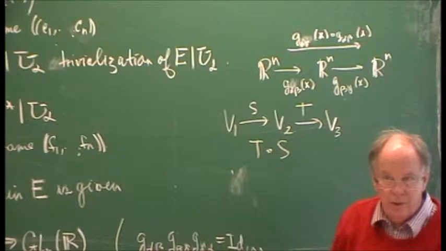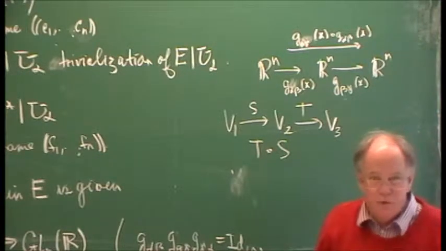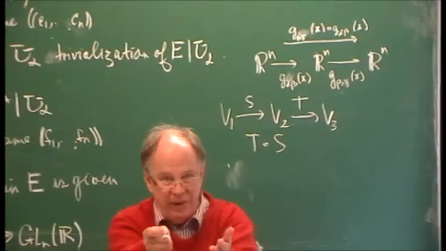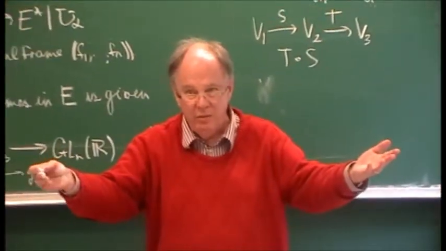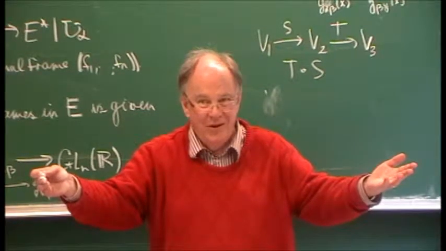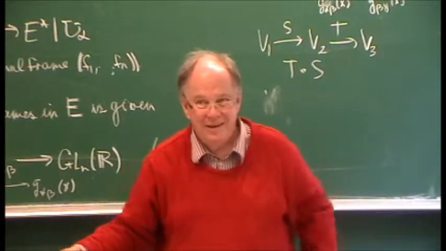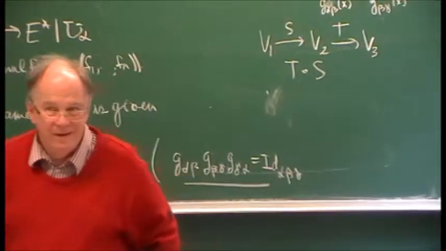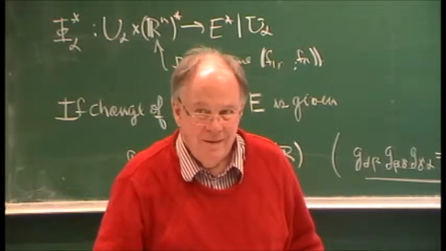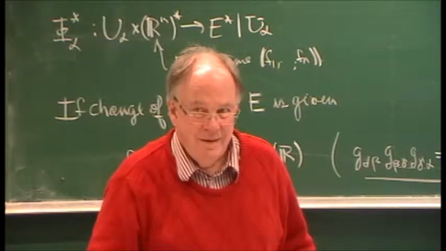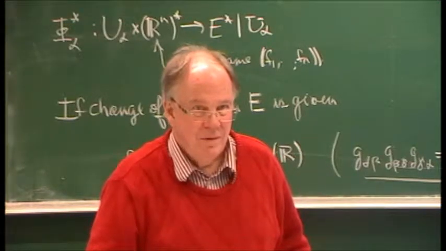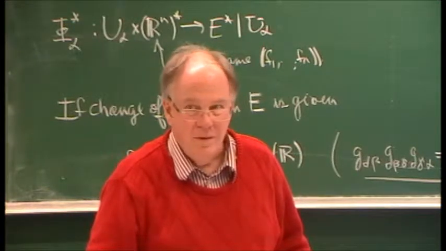Are you happy with that? If you write down the matrices, it just means you multiply the two matrices. What's the problem? They thought something different. Here we evaluate both G alpha beta and G beta gamma at x, and they thought we first apply G alpha beta to x, and then apply G beta gamma to the result of G alpha beta of x, like a composition of the mappings.